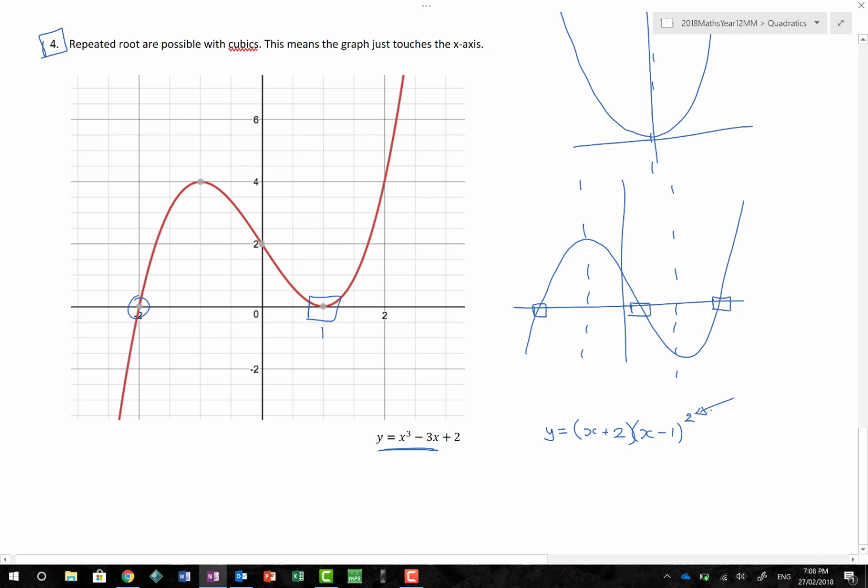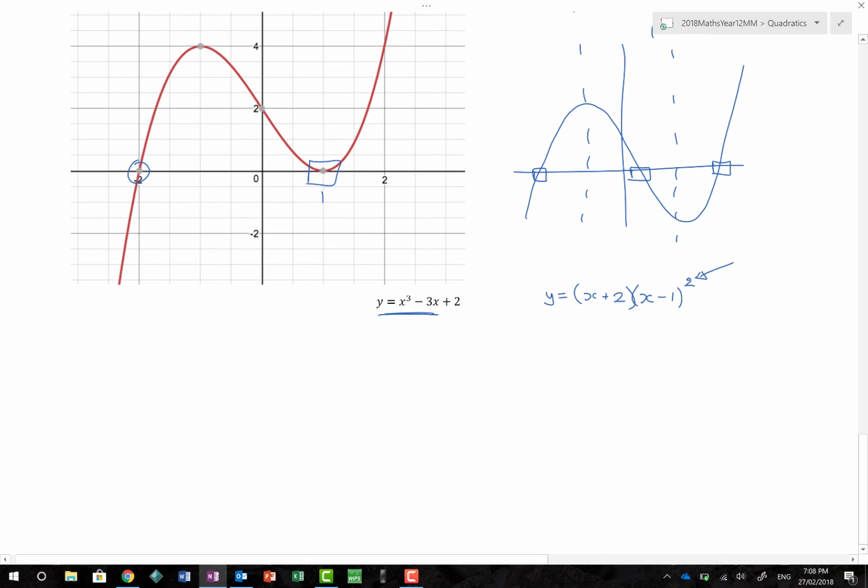When you see a squared there, it means it is a repeated root. It just touches the curve, and we do a lot more of that in different lessons. And you're going to say, well, does that actually multiply out to be that? Well, let's just check. We get y equals x plus 2, x minus 1 squared becomes x squared minus 2x plus 1. Multiply this out now, so the first term multiplies by everything there.